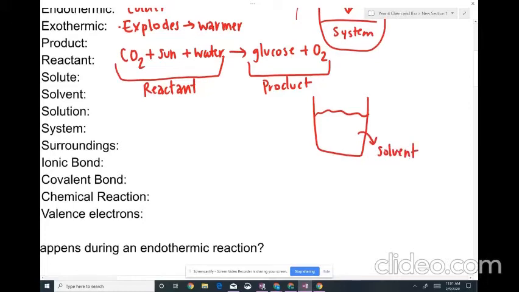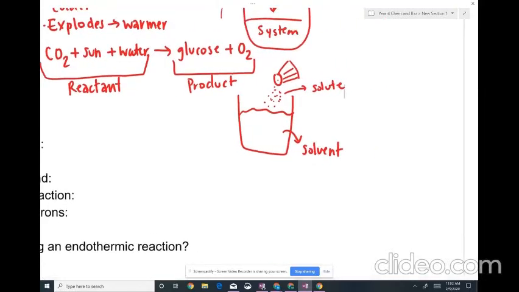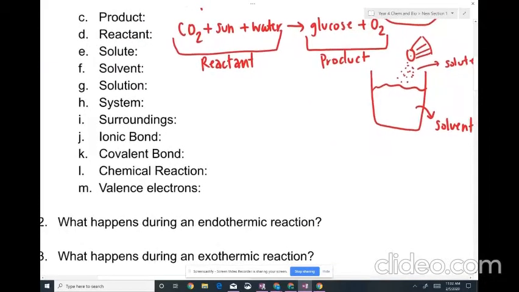What I put in it, say I'm going to add some salt to this, what I put in it is going to be my solute. And together, when I add my solute plus solvent, that is going to be my solution.